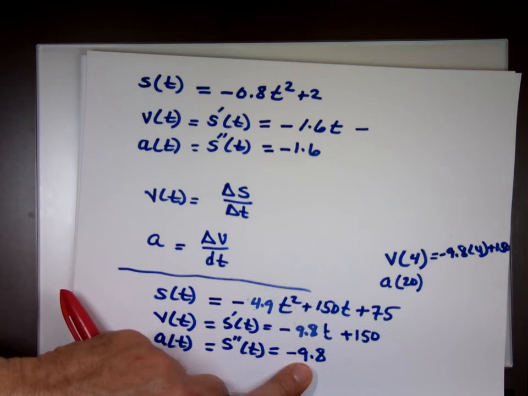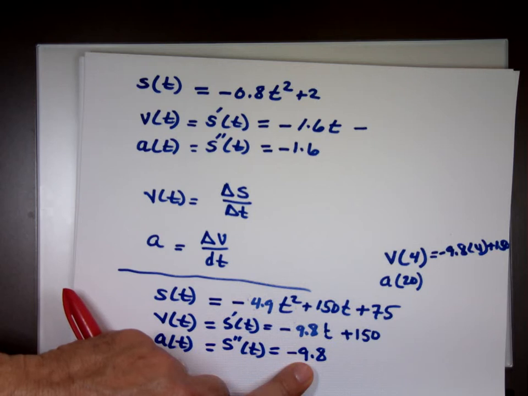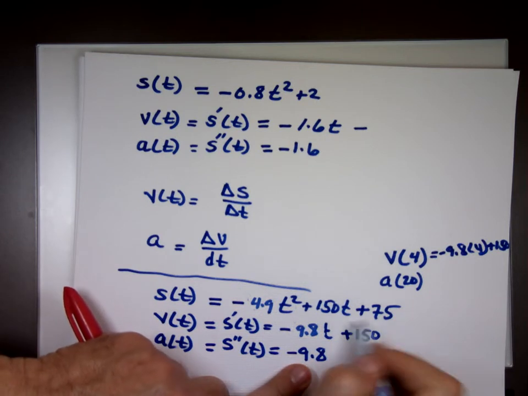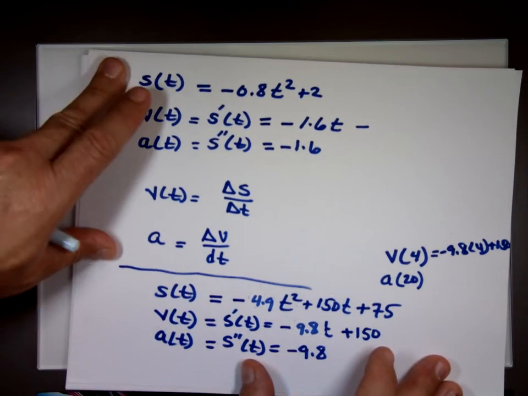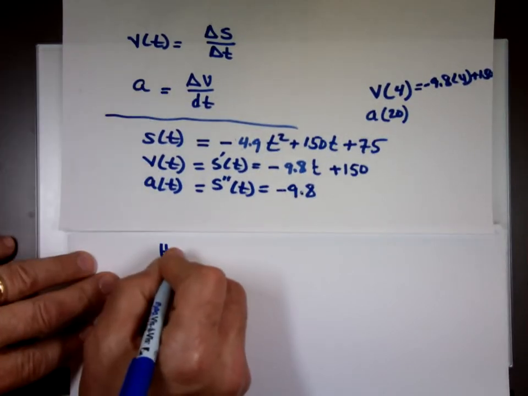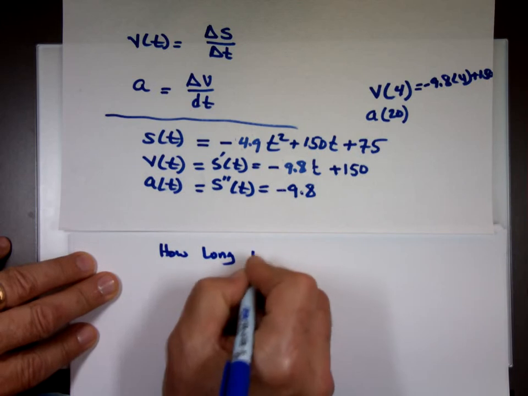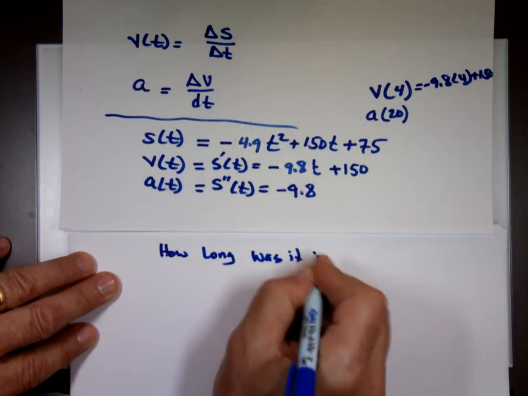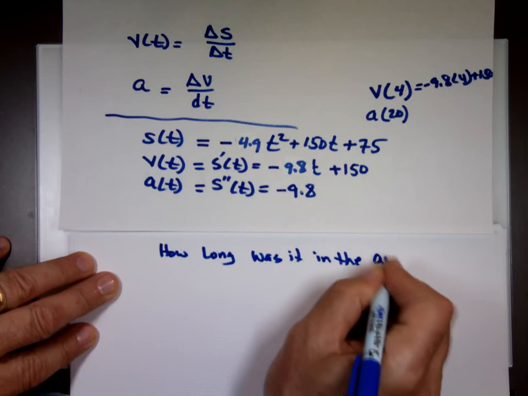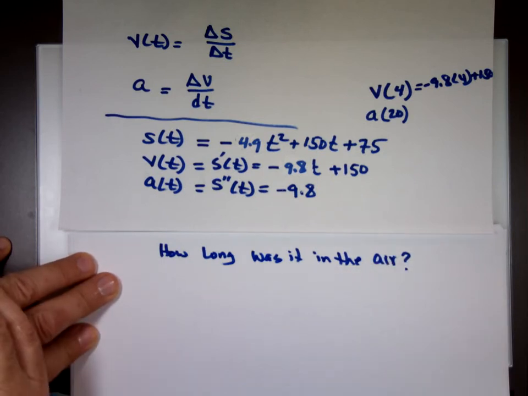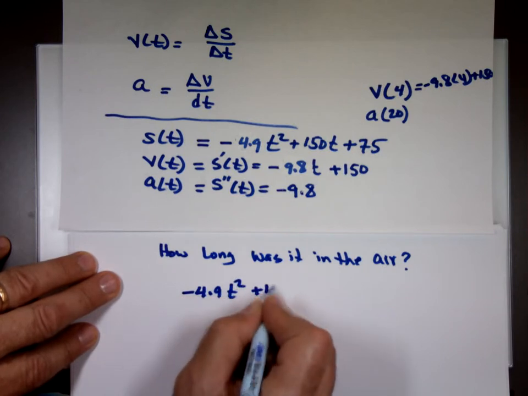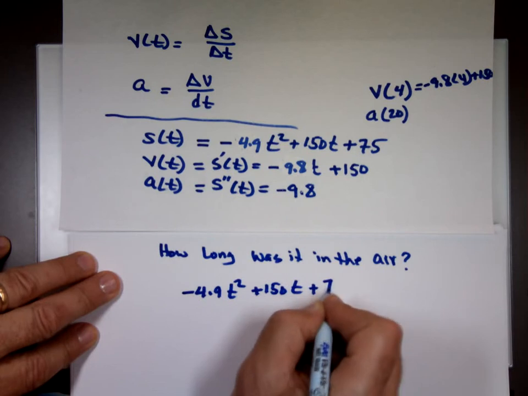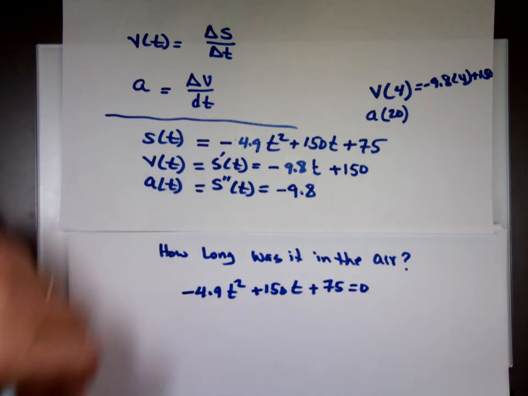Because how long was that ball, the rock, whatever it is, in the air? Well, to find that, you take the height and you set it equal to 0. That's the question here. As long as the height is above 0, the ball is still in the air.